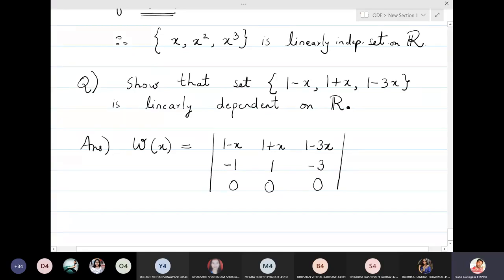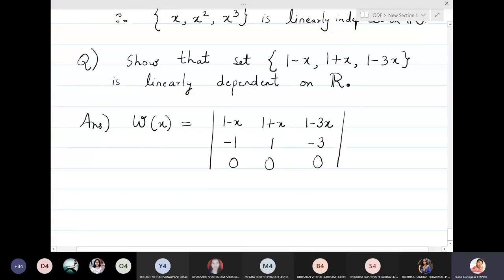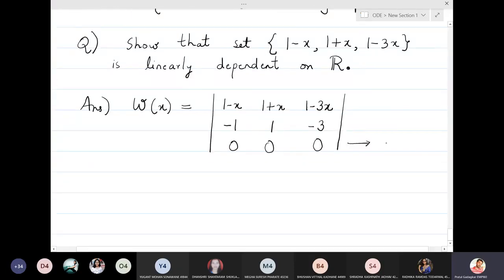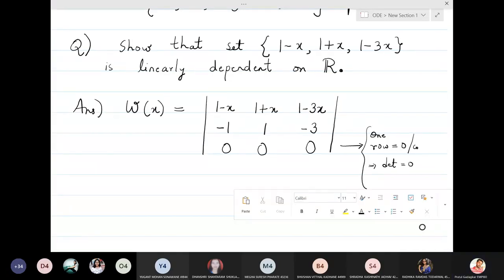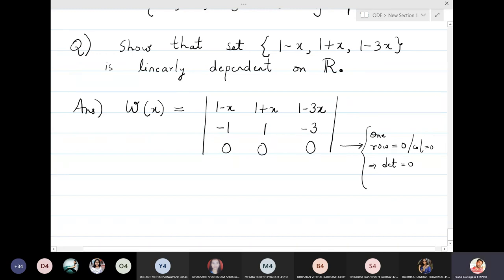And we know that if one of the rows or columns of a determinant is 0, then the value of the determinant is also equal to 0. Even if one row is 0 or one column is 0, the determinant becomes equal to 0, right?